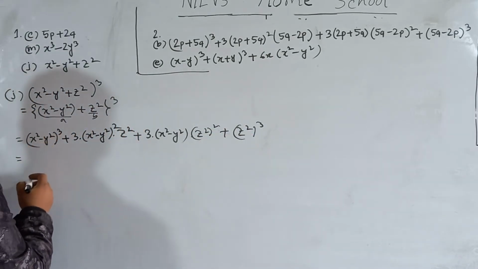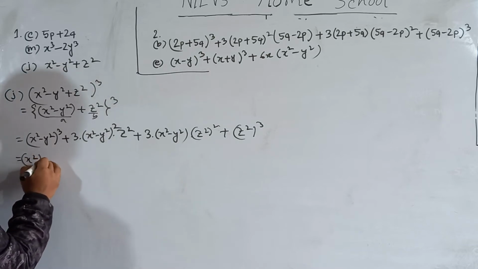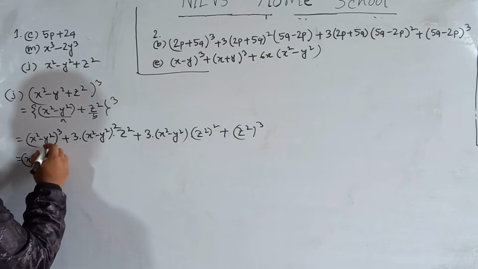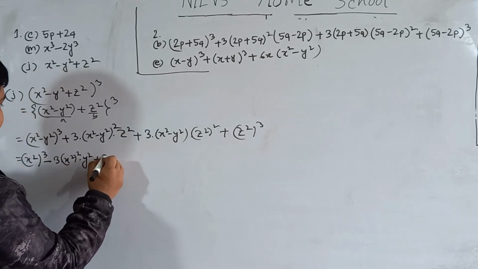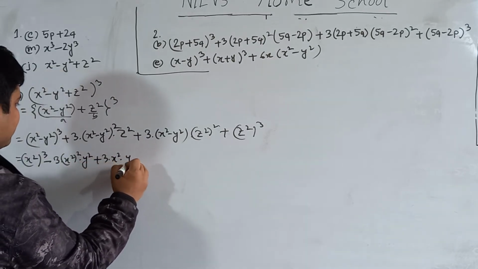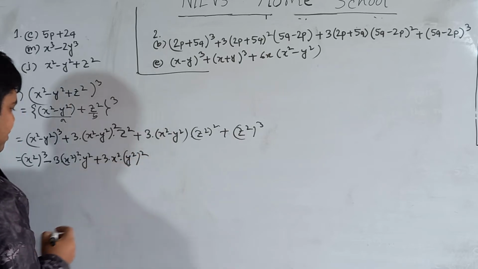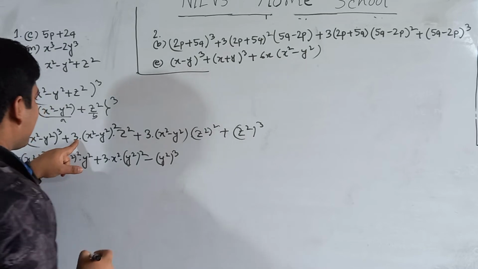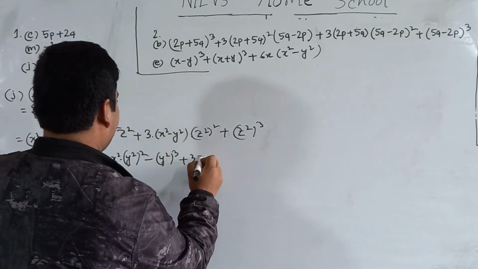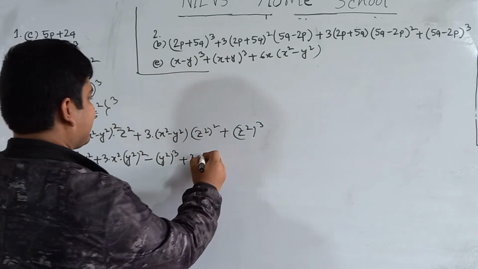Now we do calculation. (x²)³ − 3(x²)² y² + 3x² (y²)² − (y²)³, and we multiply 3 with z², and it will be 3z².